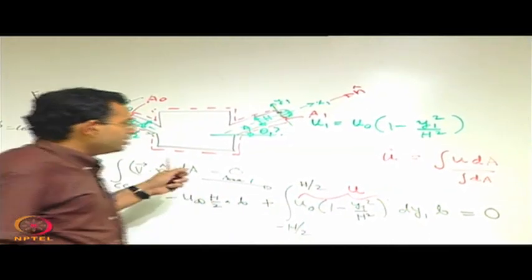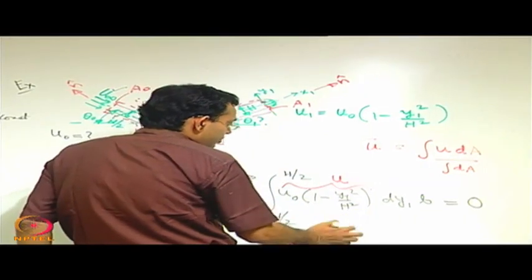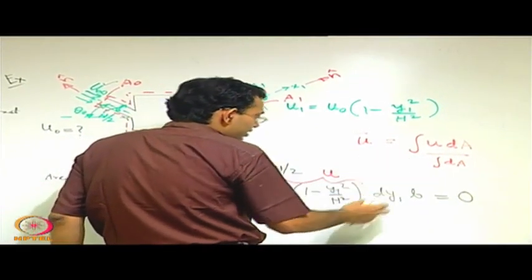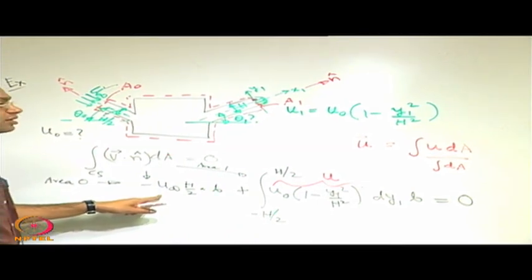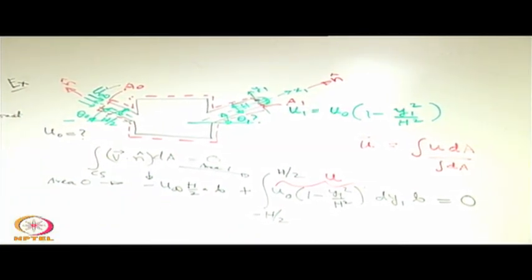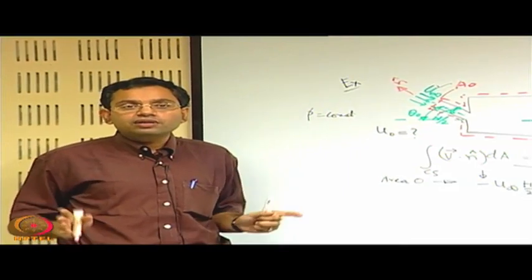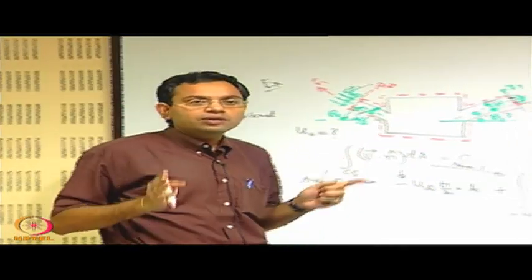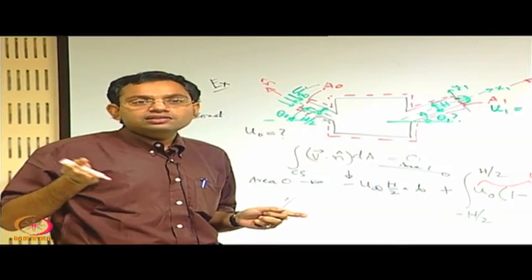So, therefore, this is as good as some u1 average into a1, and this is just like u naught into a naught. So, it is just like a1 v1 equal to a2 v2. You have to keep in mind again what v1 and v2 are, these are very important. Again I am repeating, these are fundamentally the average velocities over the sections 1 and 2.